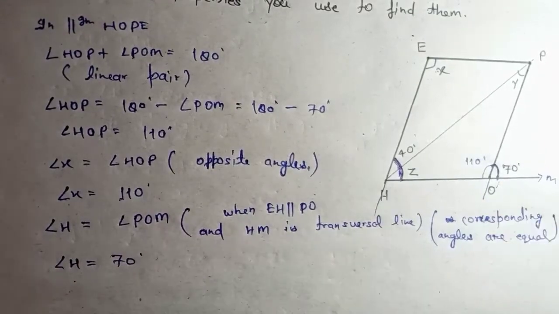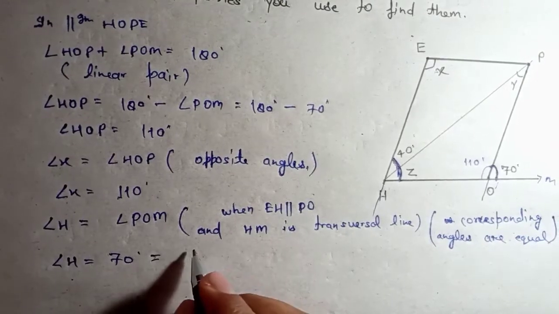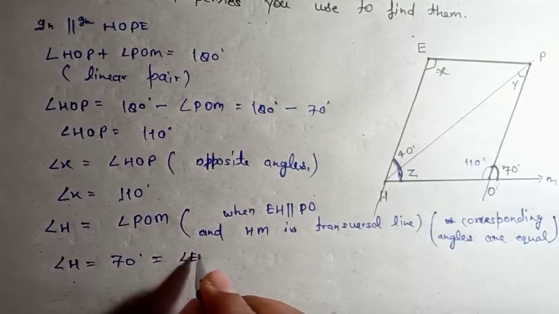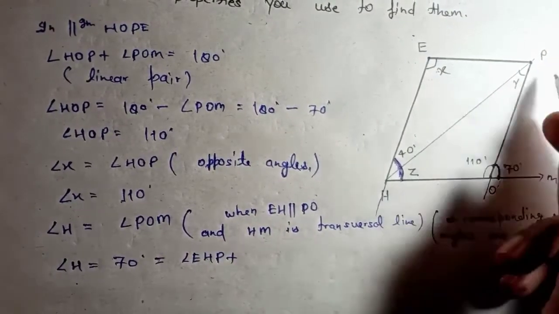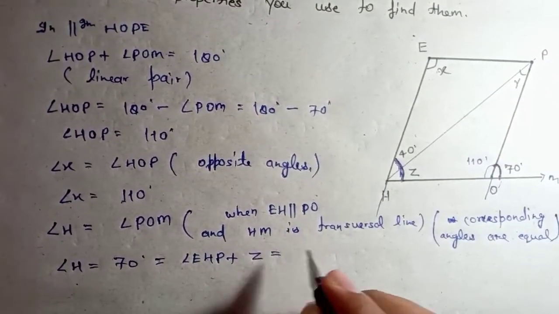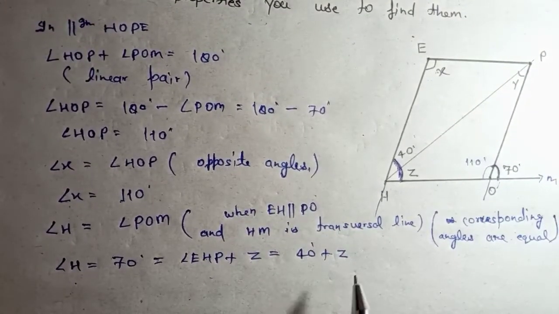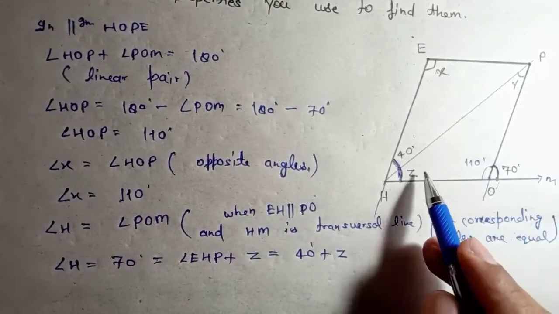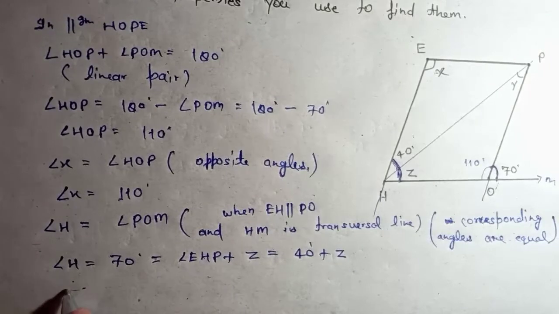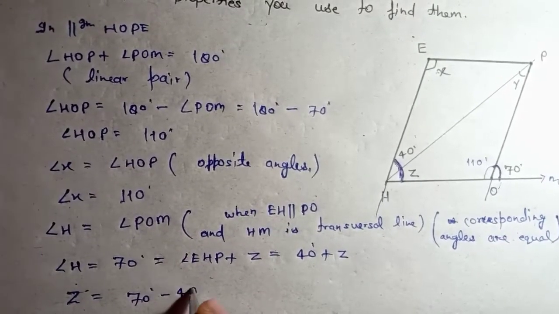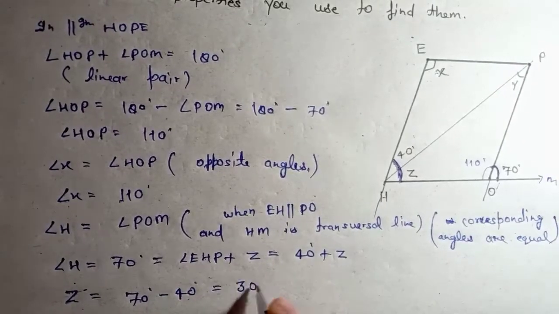So if angle H is equal to 70 degrees, then angle Z is, this is angle EHP plus angle Z, and it is 40 degrees plus Z. 40 degrees plus Z is equal to 70 degrees. This whole is equal to 70 degrees. So value of Z is what? Value of Z is equal to 70 degrees minus 40 degrees, that is equal to 30 degrees.